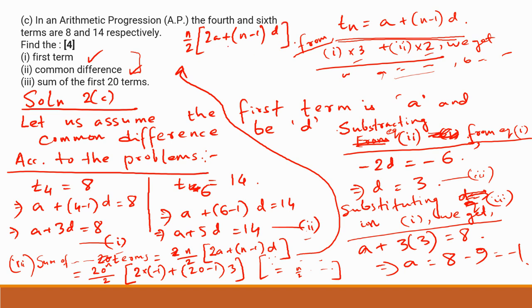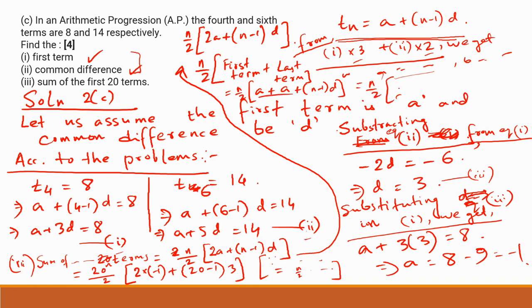Basically, we can also write the sum of first n terms is n by 2 times the first term plus the last term. The first term we all know is a, the last term is a plus n minus 1 times d. So a plus a is 2a. That's how we get 2a plus n minus 1 into d.